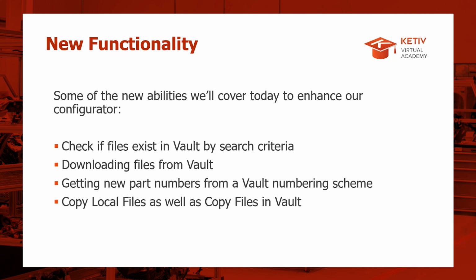We're going to replace what we currently have with that new model. And then if we don't have it, we're going to see how we can create that new. We're going to create that using a copy functionality in Vault, as well as a local copy functionality. And with both of those, we're going to be using the part numbering scheme from Vault. So that's going to be a cool little addition here.